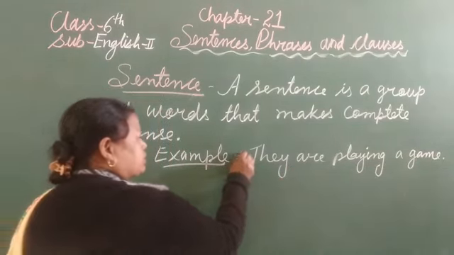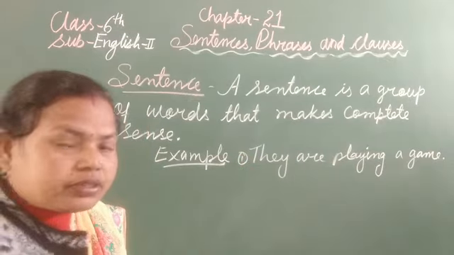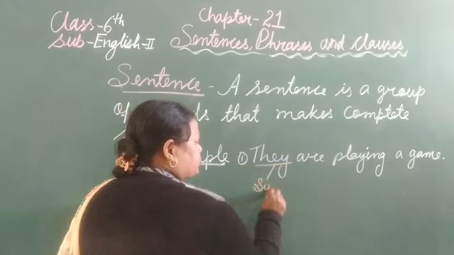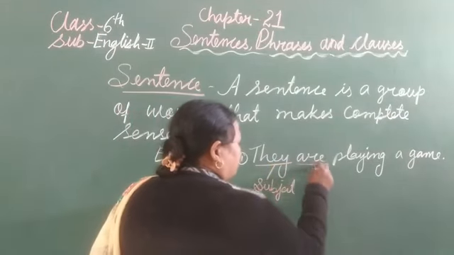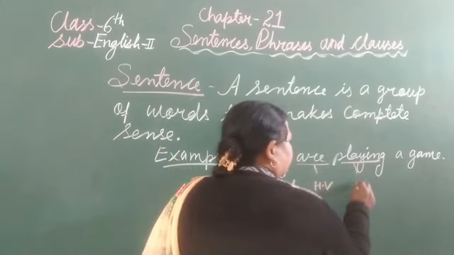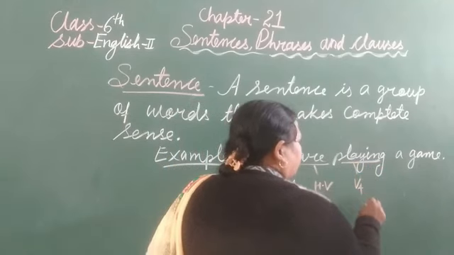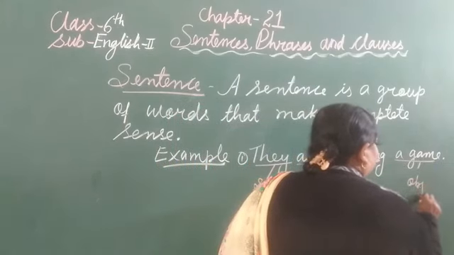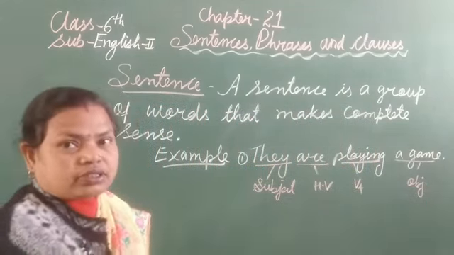In the first sentence, the word they is the subject. Are is a helping verb. Playing is the fourth form, or you can say the before-ing form. A game is an object here. So this is about the sentence. It is a simple sentence.